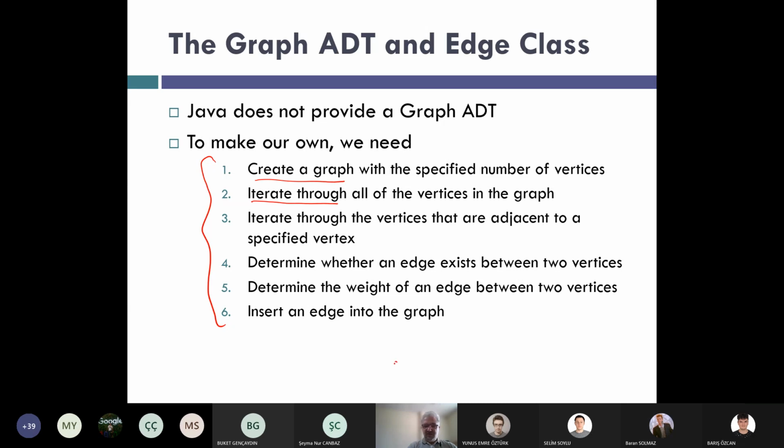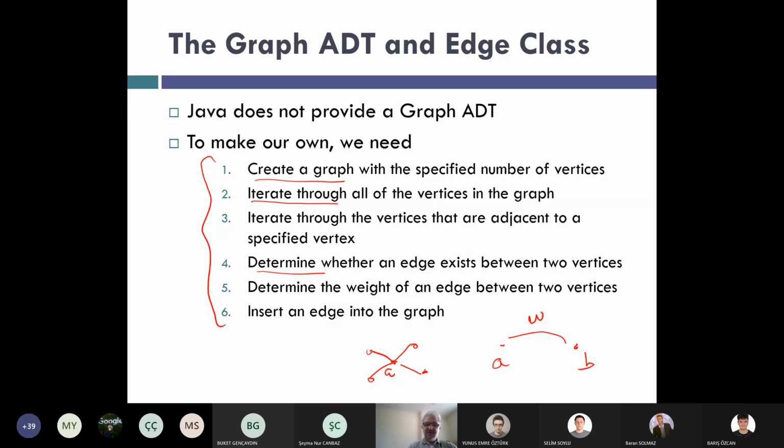So we have a node A, and we would like to traverse the vertices adjacent to A. And we may need to determine whether there is an edge between A and B, if there is an edge between two vertices. And we may try to find the weight between these two vertices.